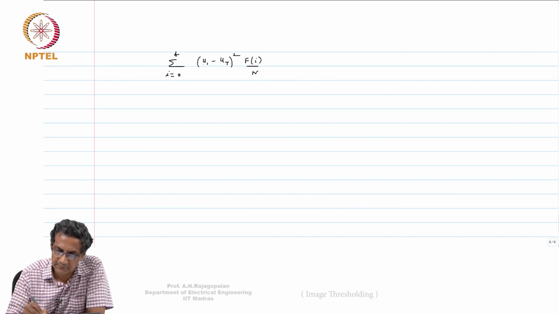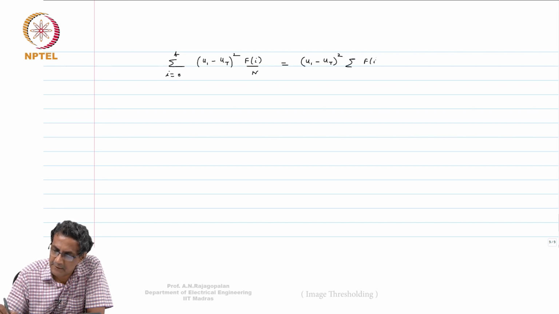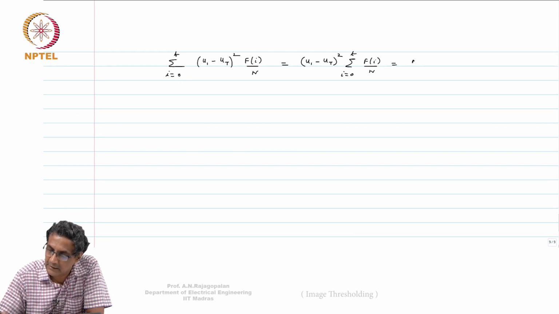Because mu 1 and mu t are both independent of i, this can be written as (mu 1 minus mu t) the whole square into summation f of i by n, i equal to 0 to t. This we know is simply, if you count all of f of i, equal to n1. Therefore, this is n1 by n into (mu 1 minus mu t) the whole square.